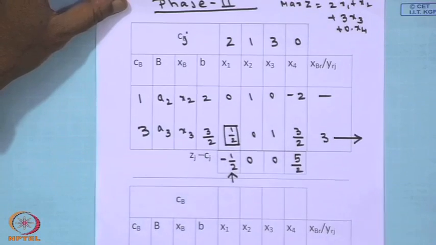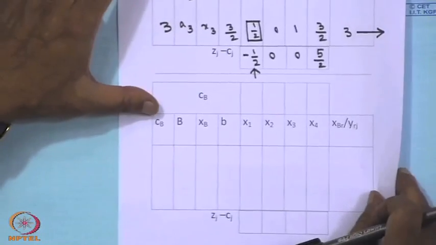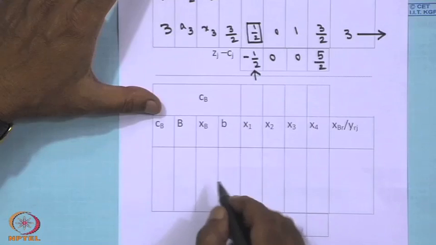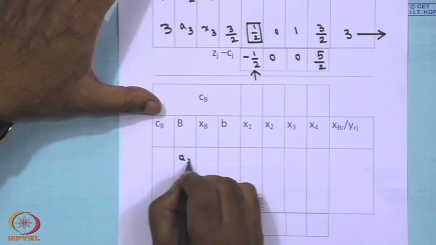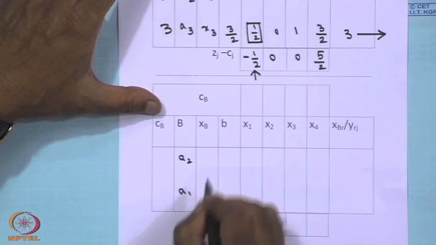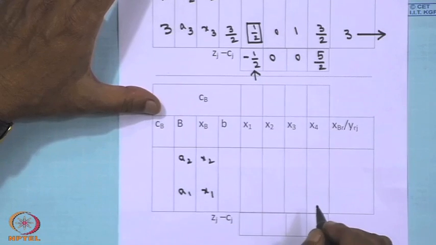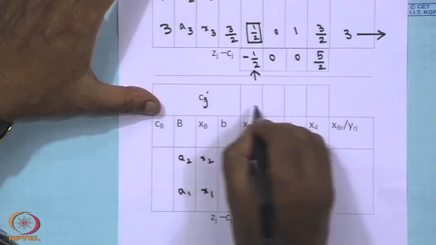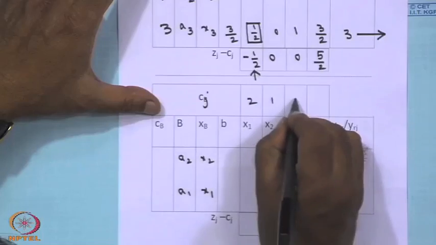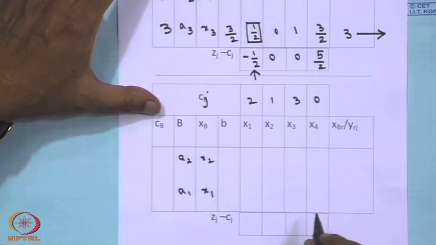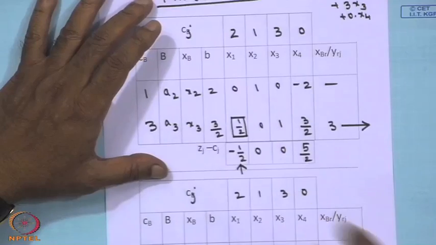So, still you have to continue with the process. Instead of A 2 A 3, A 2 will remain there, A 3 is out and A 1 is coming, that is x 2 and x 1. So, now again this is your Cj: 2 1 3 and 0. You make this as 1, this is already 0, you do not have to do anything.